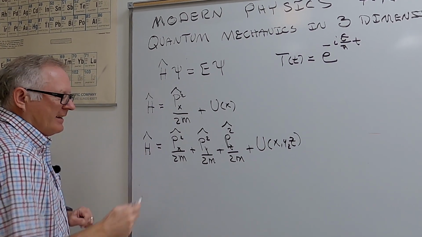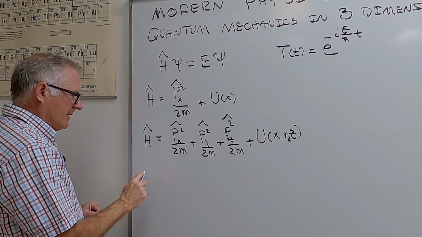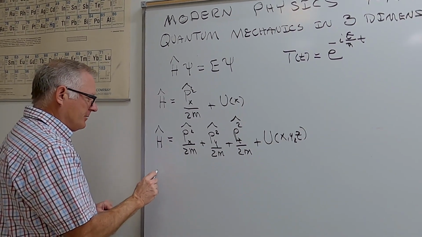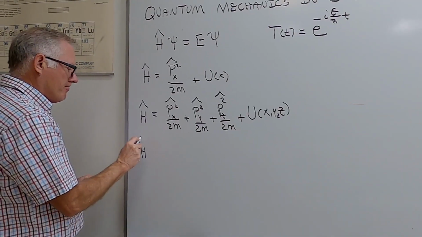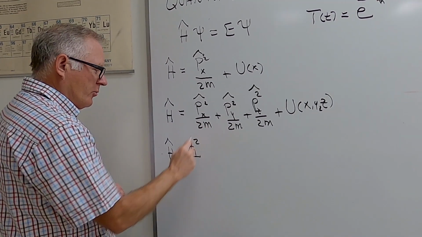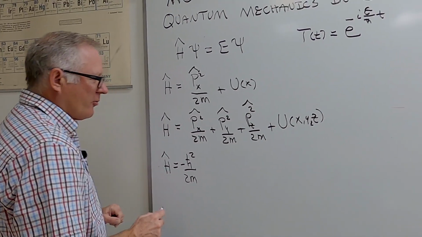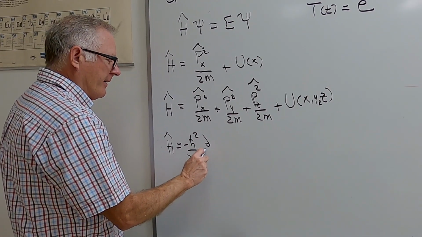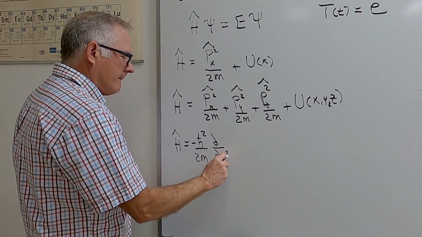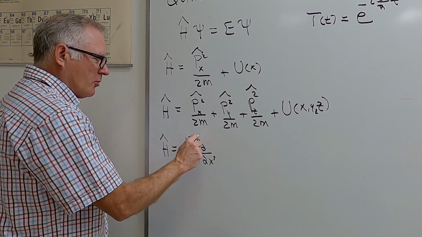Okay, when we did this, we said it was minus h bar squared all over 2m, and this gave me the second derivative with respect to x squared. But this is going to give me the same thing with the second derivative with respect to y squared.